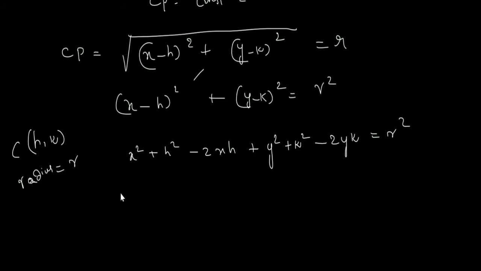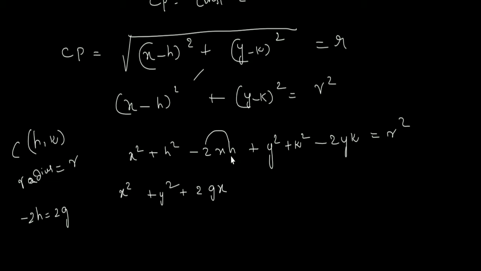So you get one x square term, y square term, then you get x term. This minus 2h, whether it's negative or positive, it is a constant. So we're just going to write it as 2g.